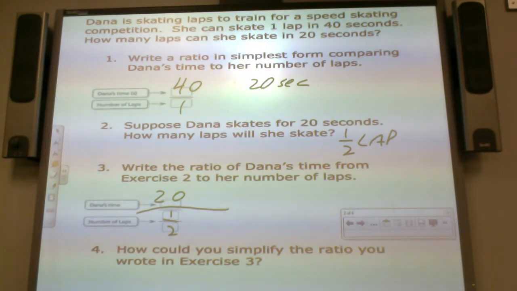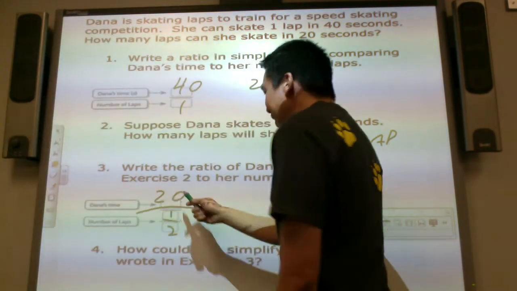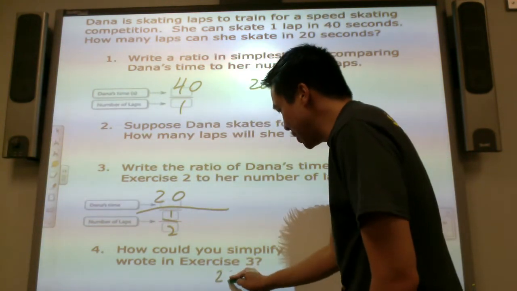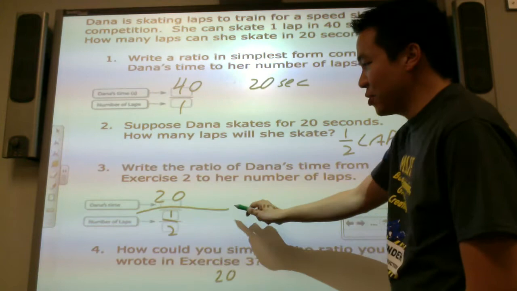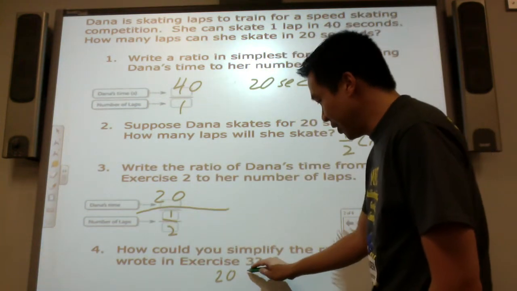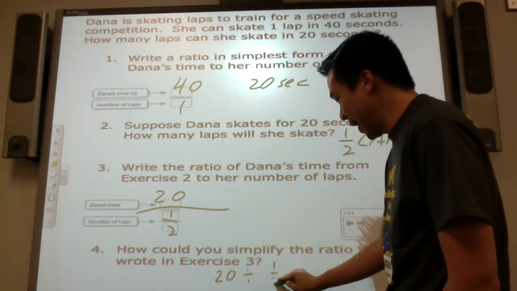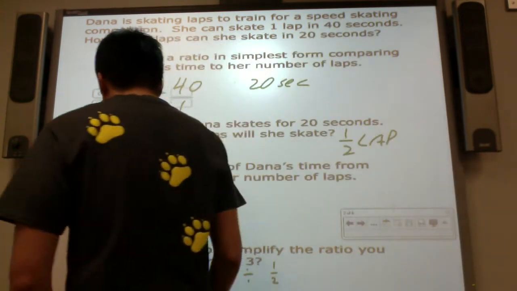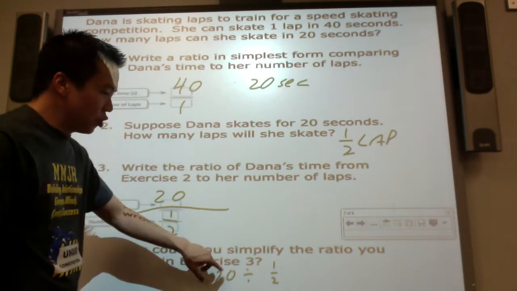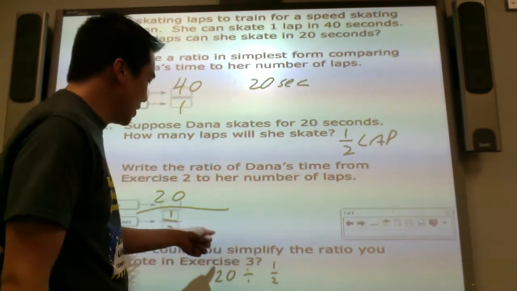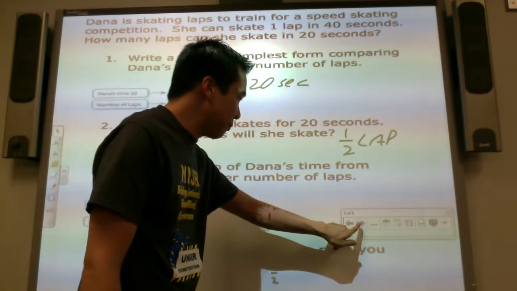How could you simplify the ratio you wrote? If I had to solve this, I would do 20. Remember, what this means? This line means divide. 20 divided by 1/2. So in other words, if you do 20 divided by 1/2, that's 40. So you could do 40 seconds in 1 lap.